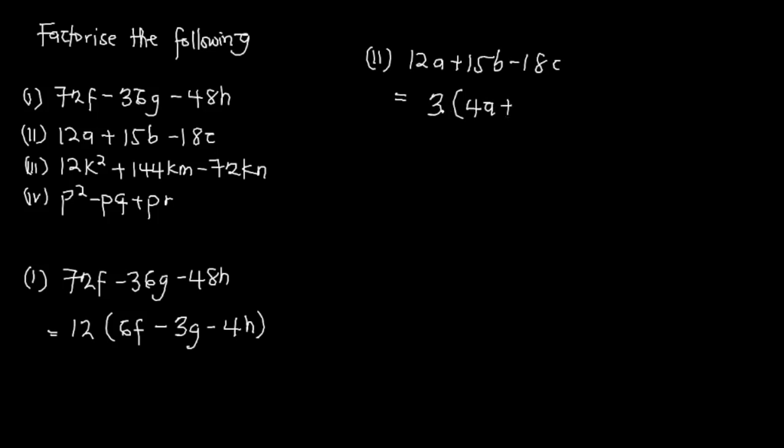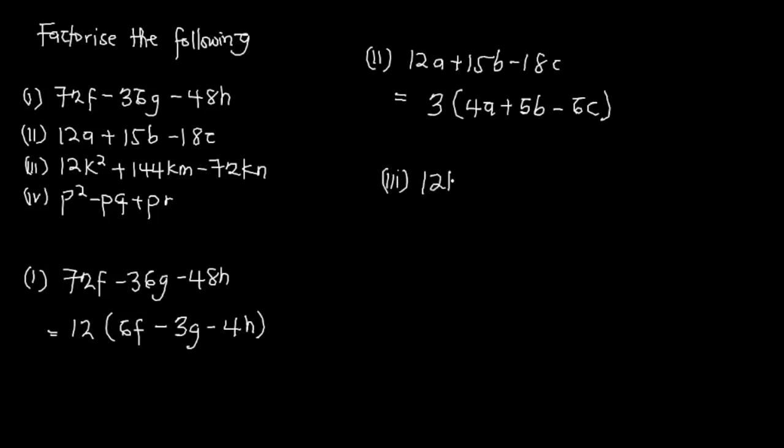Then plus 3 multiplied by 5 will give us 15, so we write 5b here. Minus 3 multiplied by 6 will give us 18, so 6c. So this becomes our answer. 3 outside bracket into bracket 4a plus 5b minus 6c. That becomes our answer.